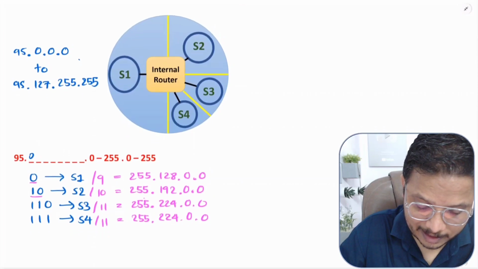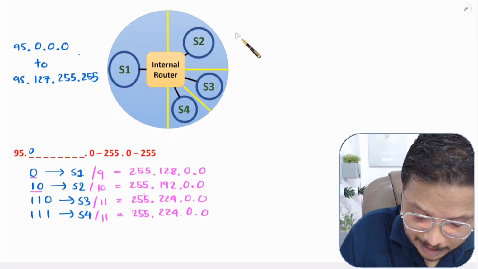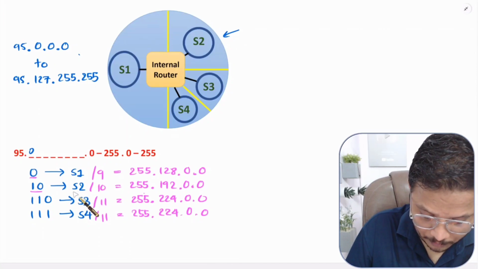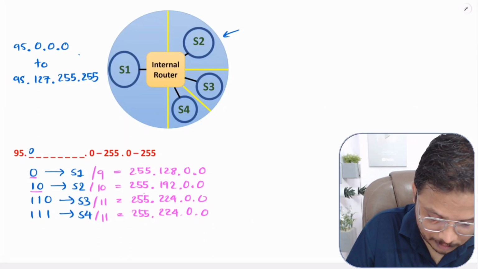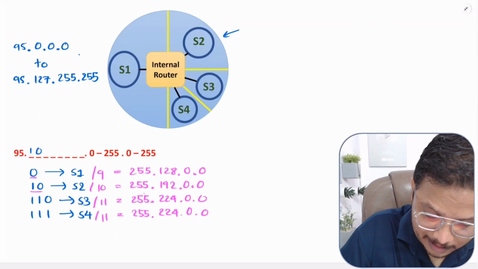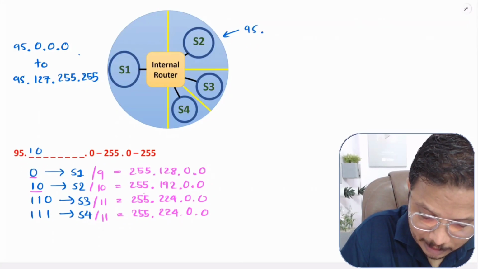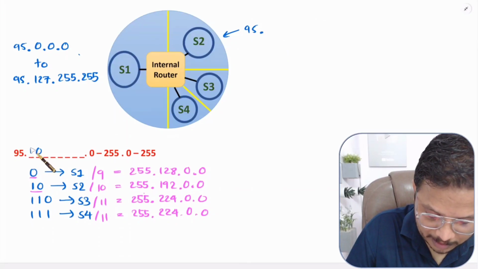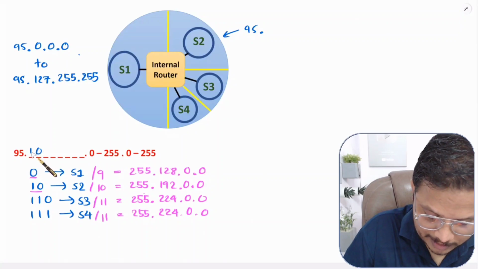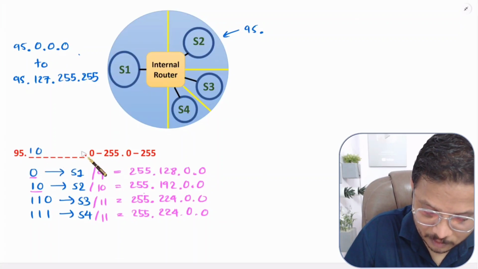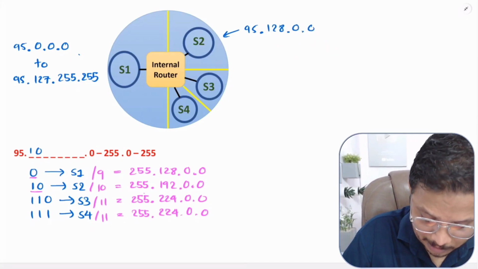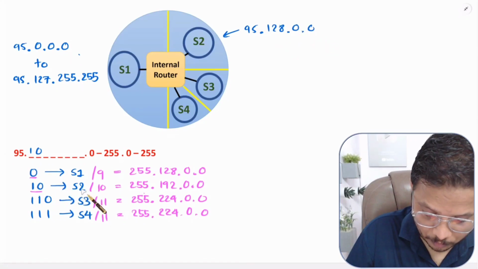Now similarly, we can have the range of subnetwork S2. In subnetwork S2, if you observe, the first 2 bits will be 10. Now the first network ID is 95. Then dot, the first bit is 1, and then all zeros will be there with the lowest ID. So the lowest ID will be 1, then 7 zeros, means 128.0.0. That will be the lowest network ID of S2.